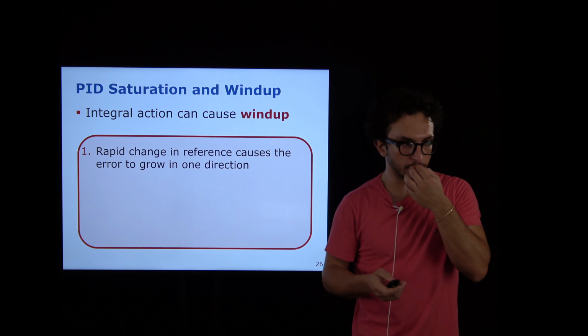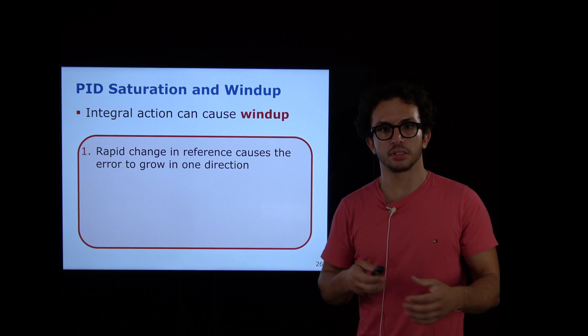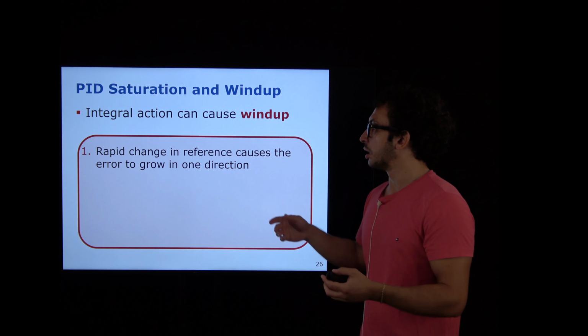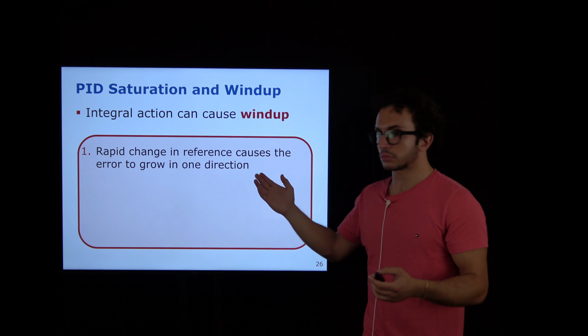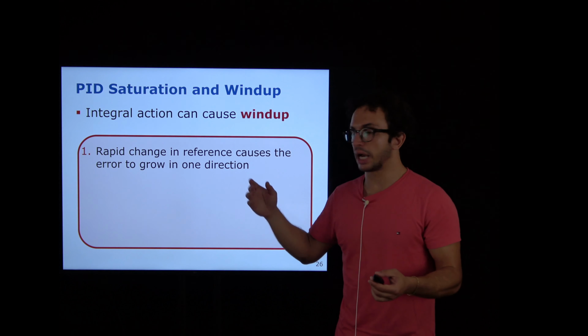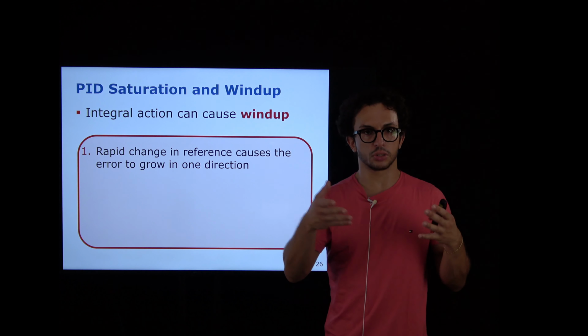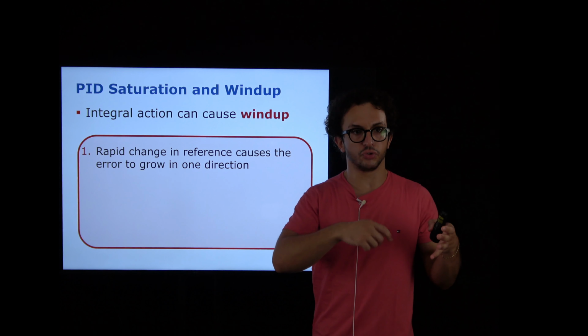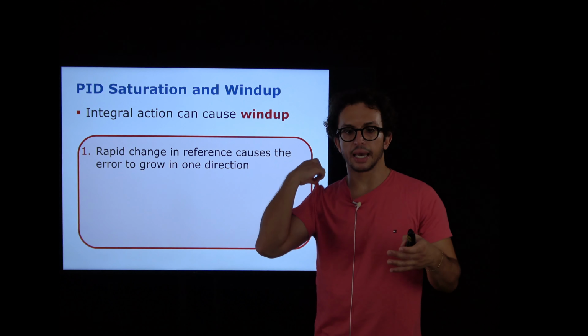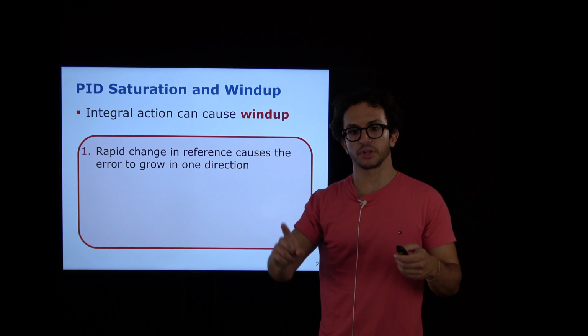So basically, this is something that then can cause the wind-up. So let's explain a bit the wind-up. The wind-up is, we have a rapid change of reference. So you have something that is happening, the reference changes rapidly, and the error is growing, right?